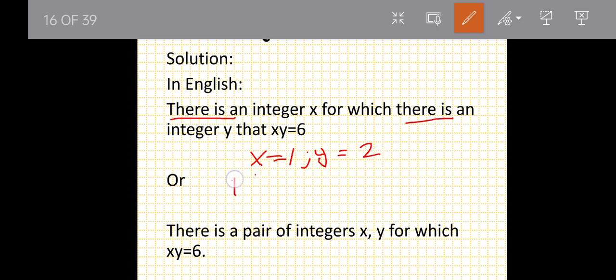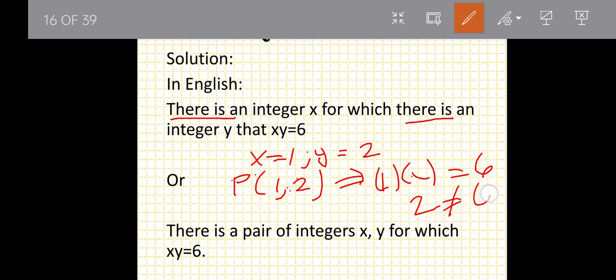So, P(1, 2), we have this expression, 1 times 2 is equal to 6. And we know na 1 times 2 is 2. And 2 is not equal to 6. Sa ganyan na element, kapag ito yung value ng x at saka ng y natin.